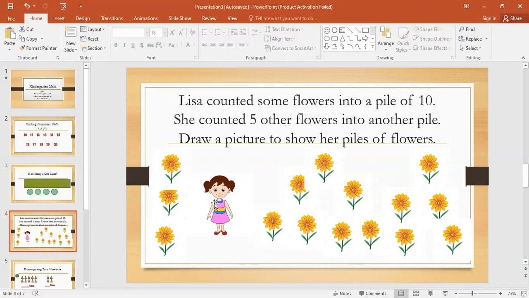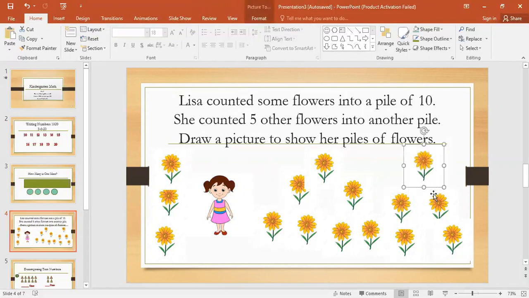Okay, so Lisa wanted 2 piles. She first counted some flowers into a pile of 10. So if it says she had a pile of 10, how many flowers does she have in one pile? She will have 10 flowers in one pile. Please count with me over here, and we are going to make a pile of 10.